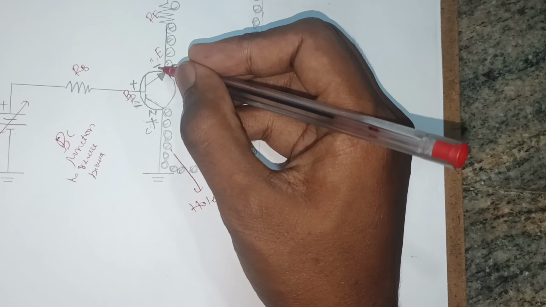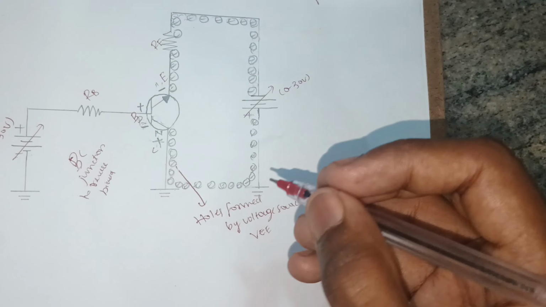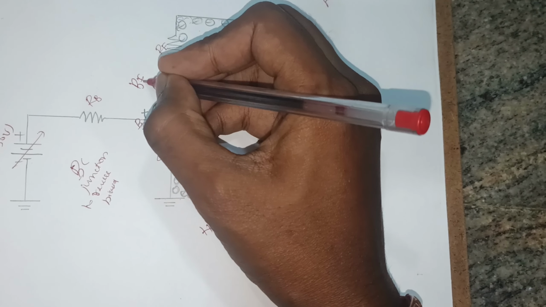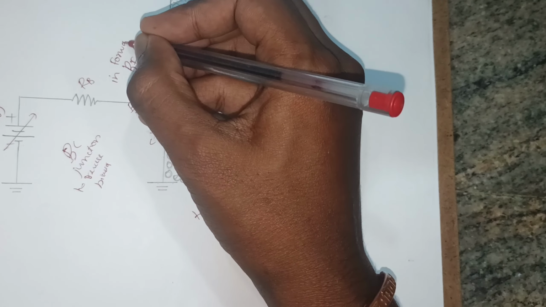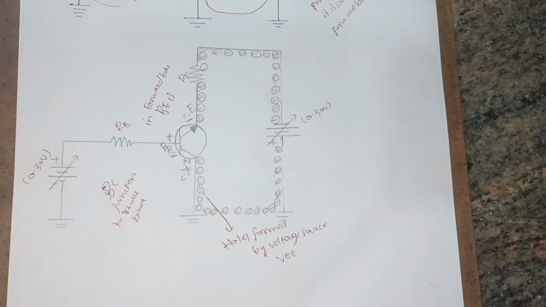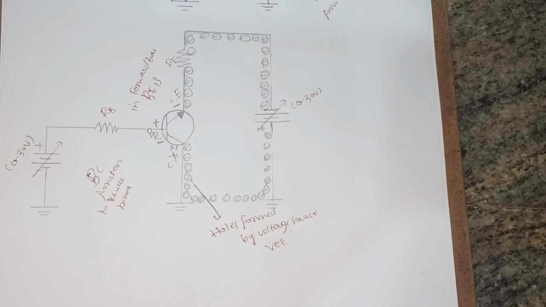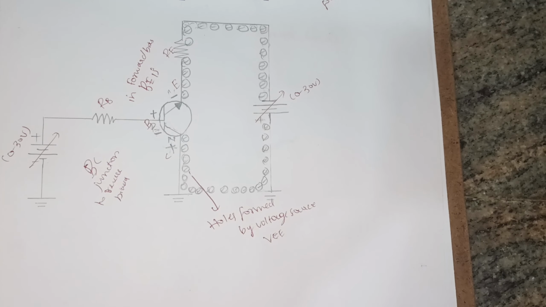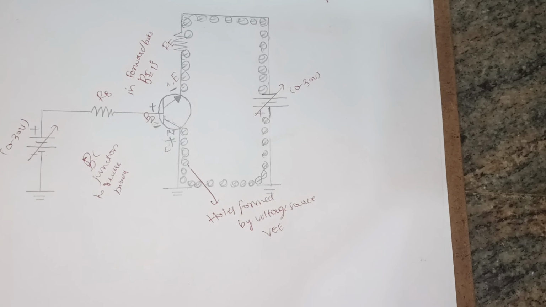So here it is said to be in forward bias. The BE junction is in forward bias. So if the BC junction is reverse biased and the BE junction is forward biased, it is said to be acting in the active region. Active region means it acts as an amplifier.